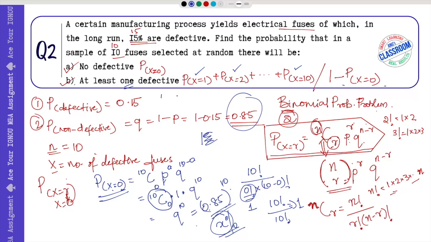If you have written the formula, even if there is some small calculation mistake at the last step, you will at least get the marks for the steps till then. So don't skip calculation. Show each and every step by step calculation. I know it's a bit irritating to show it, but still show it, because even if your last answer goes wrong, you will get marks for the steps.